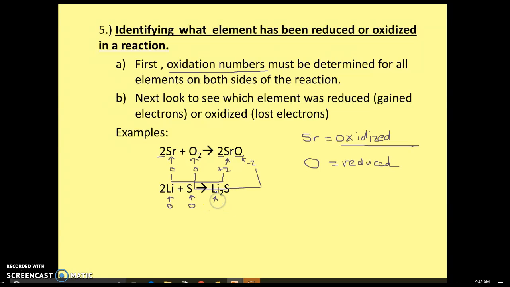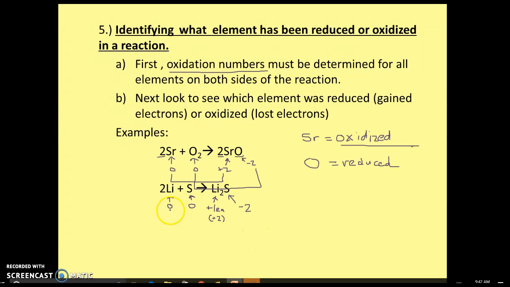Lithium, it's an alkali metal. If we look, alkali metals usually have a +1 charge. So each lithium gets a +1 charge, +1 each. There's 2 of them, so overall we're getting a +2 charge from the lithium. So sulfur, if this whole thing is going to equal 0, sulfur must be -2 in this case.